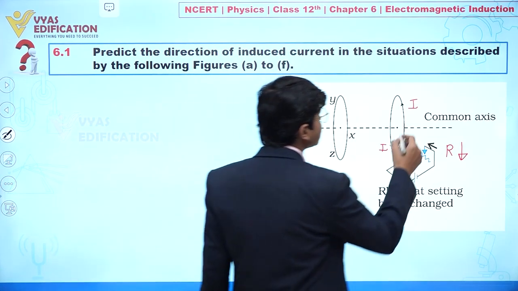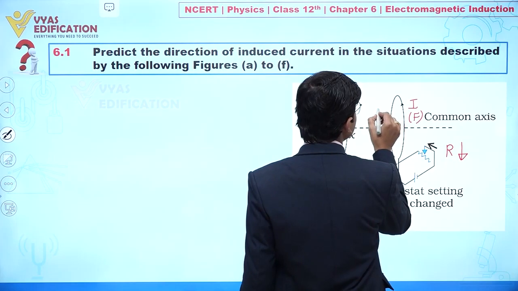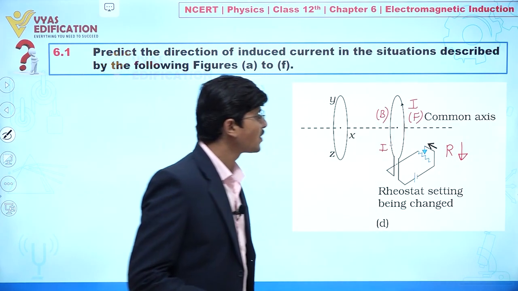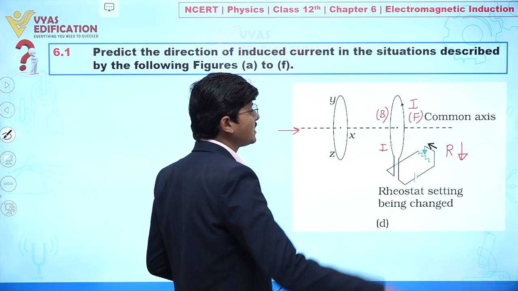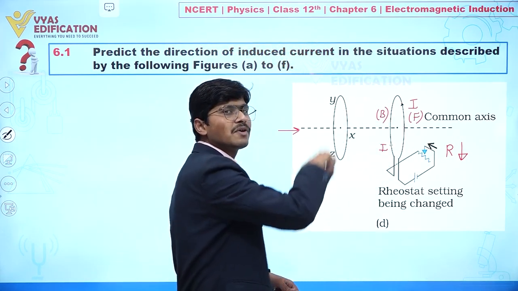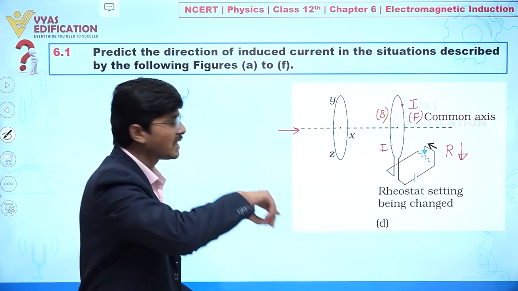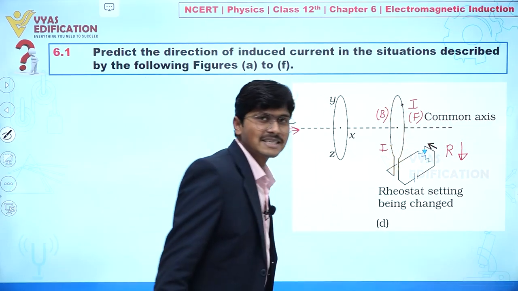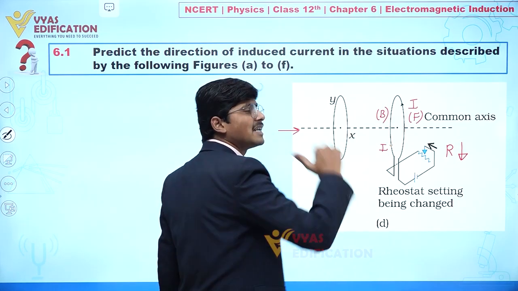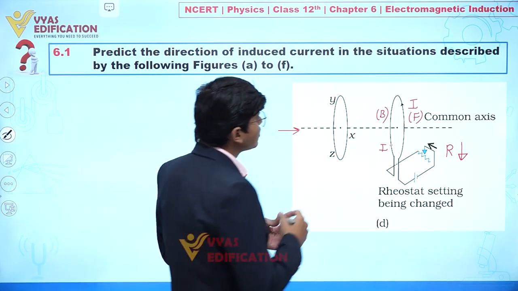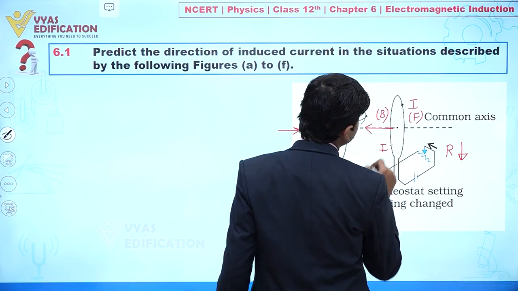I am assuming this side is the front side and this is the behind one. Now if I observe from this side, you can see the current is flowing in anti-clockwise direction because you are decreasing resistance, clear? So if you curl your finger like this, it indicates the direction of the magnetic field. So we have the magnetic field in this direction, clear?